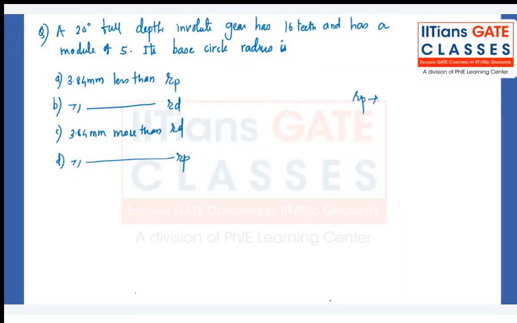Okay, so RP is your pitch circle radius and RD is the dedendum circle radius. Okay, try to solve this one.